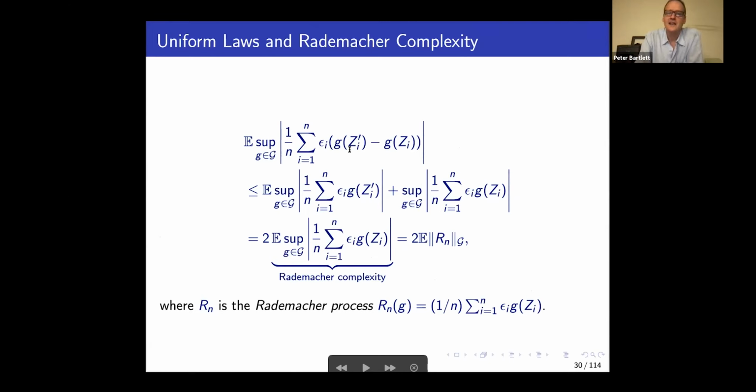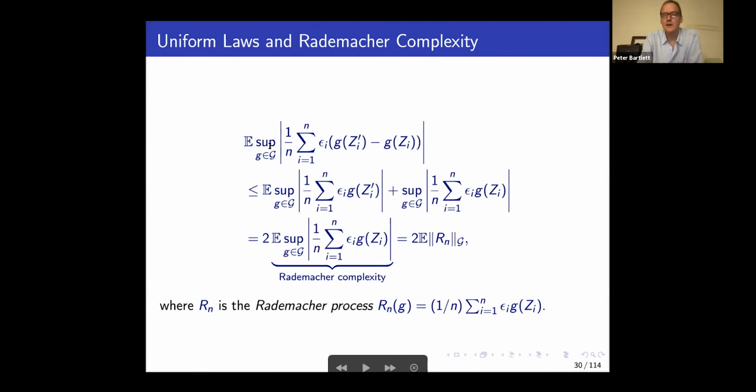We can just take a triangle inequality to say, well, this is an average of epsilon i g zi primes minus an average of epsilon i g zi's, and I'm taking an absolute value. Well, I can upper bound that in terms of the sum of those two absolute values, this one plus the average corresponding to this one. And that's what I've written out here.